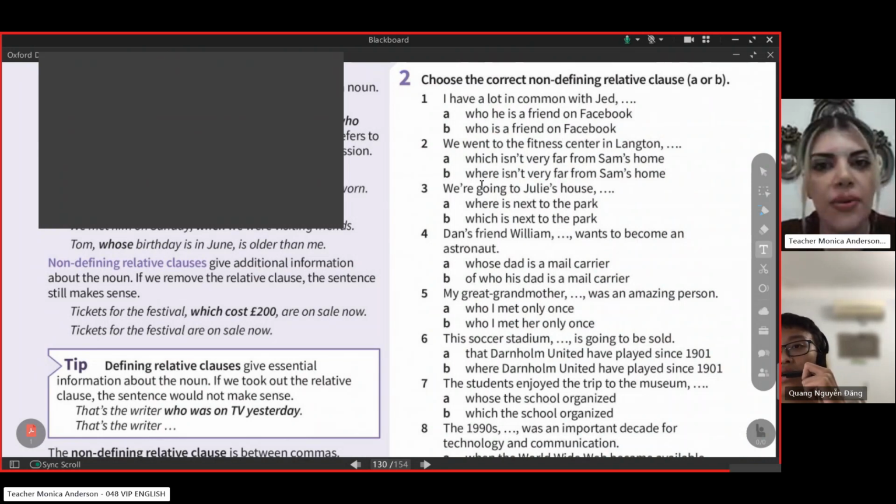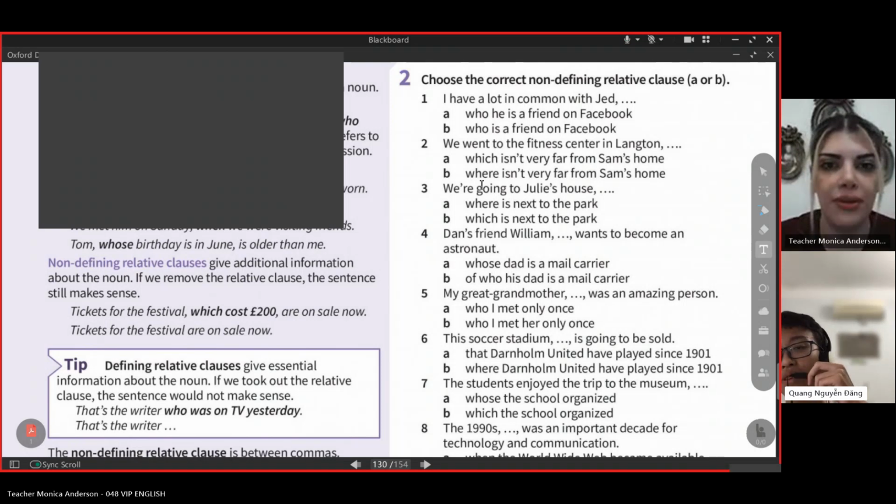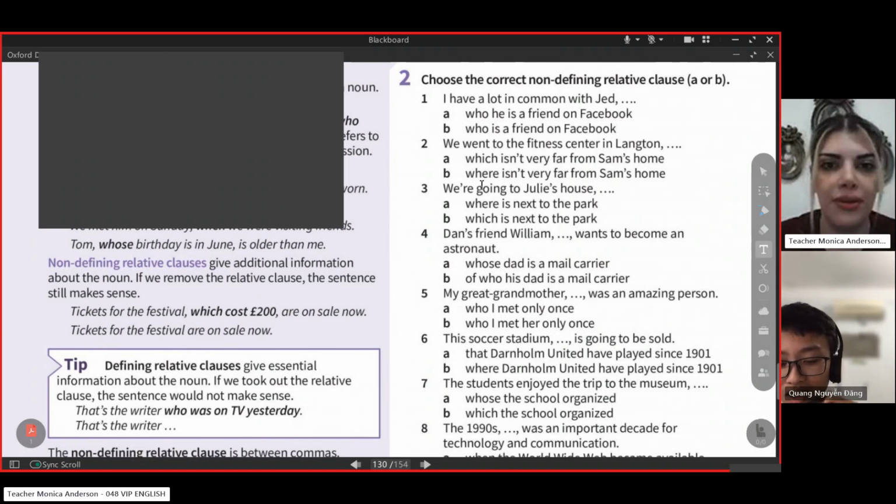B, where isn't very... We are talking about the place, the fitness center. So it's a place, which isn't very far from. Which, not where. Okay, so number two is where.